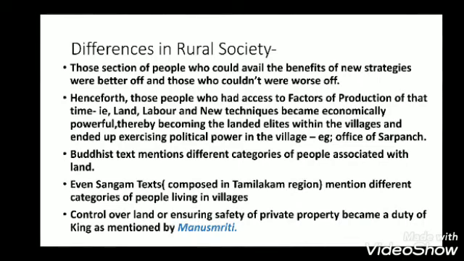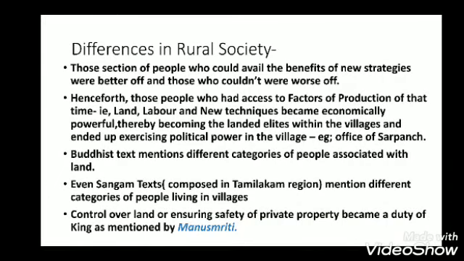So it is generally these grihapatis who became village headmen later on. That is, the economically powerful people were finally commanding political power in the rural society.